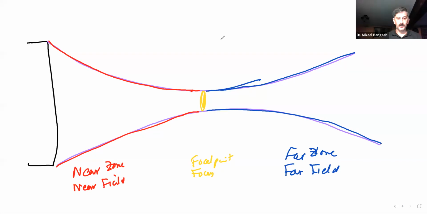We also said that your near zone could be called the Fresnel zone. Likewise, does your far zone also have another name? It is the Fraunhofer zone.